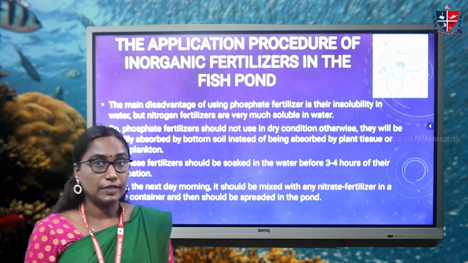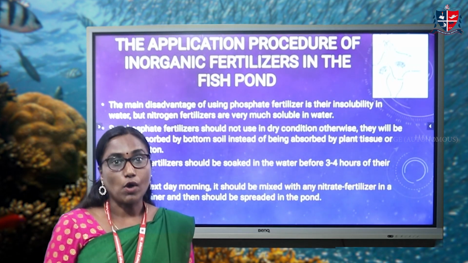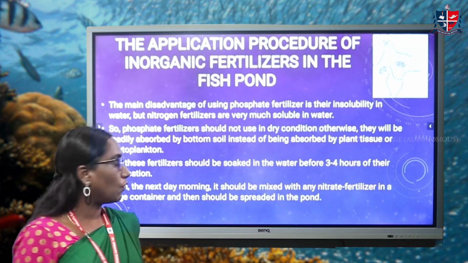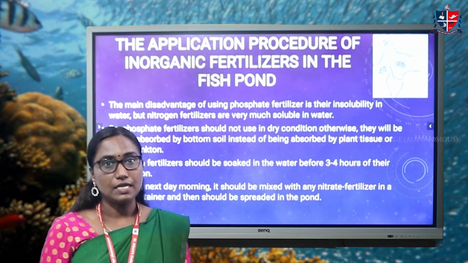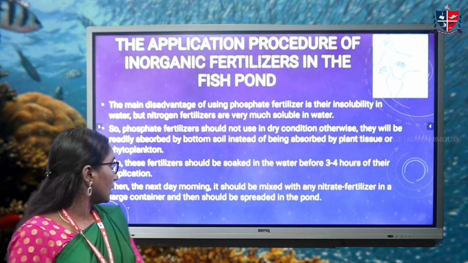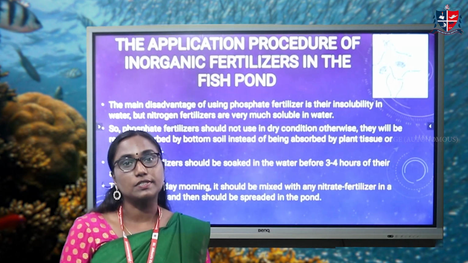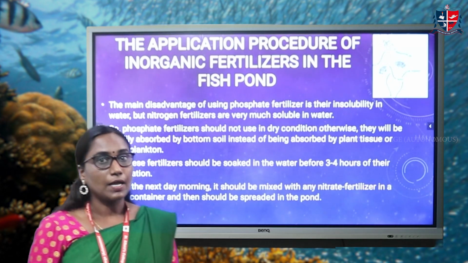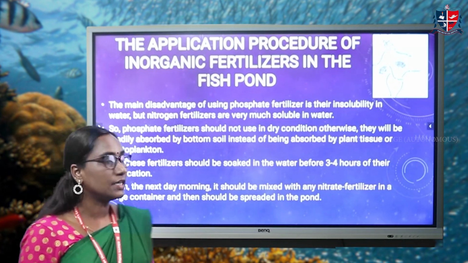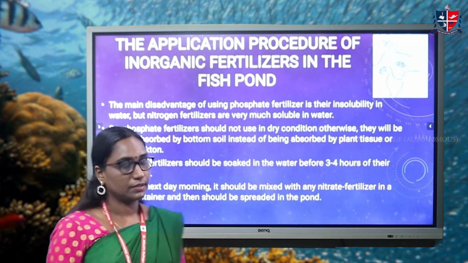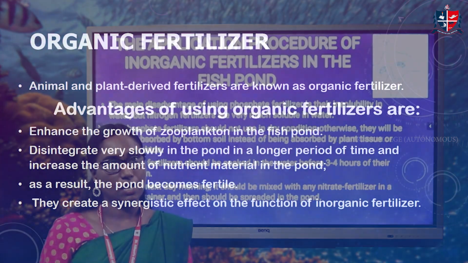So, these fertilizers are soaked in water for 3 to 4 hours before their application. The next day, it should be mixed with nitrate fertilizer in a container and then added in the pond. It will create a synergetic effect.